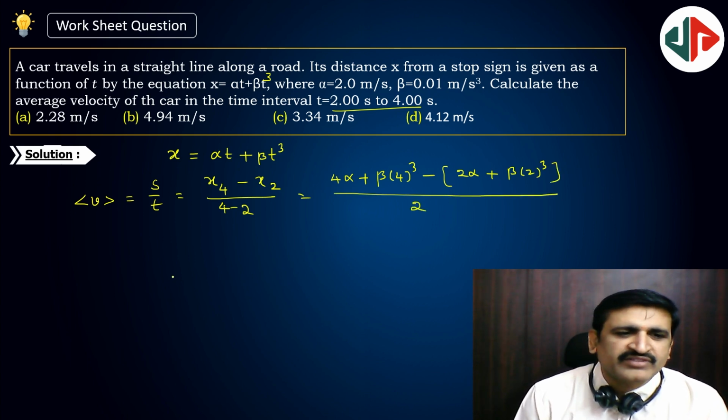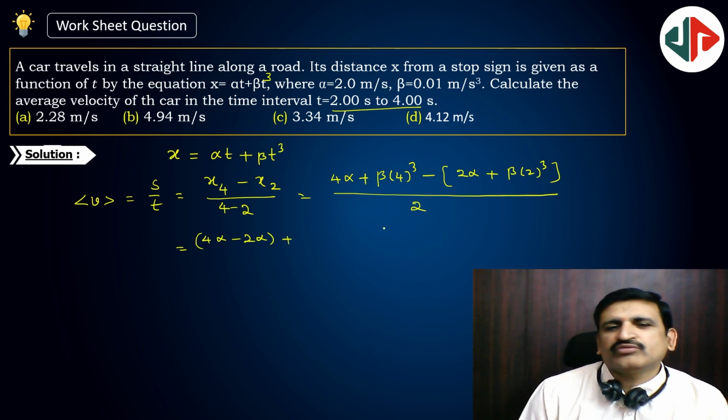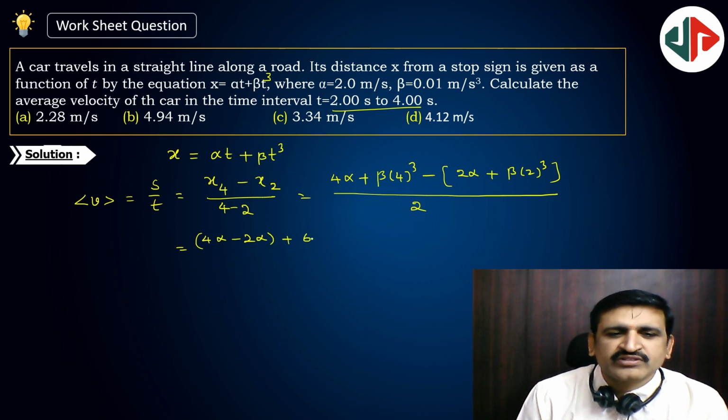So it's a simplification. 4 alpha minus 2 alpha and plus betas. 4 cube, 4 4s are 16, 4s are 64. 64 beta minus 2 2s are 4, 2s are 8 beta by 2.